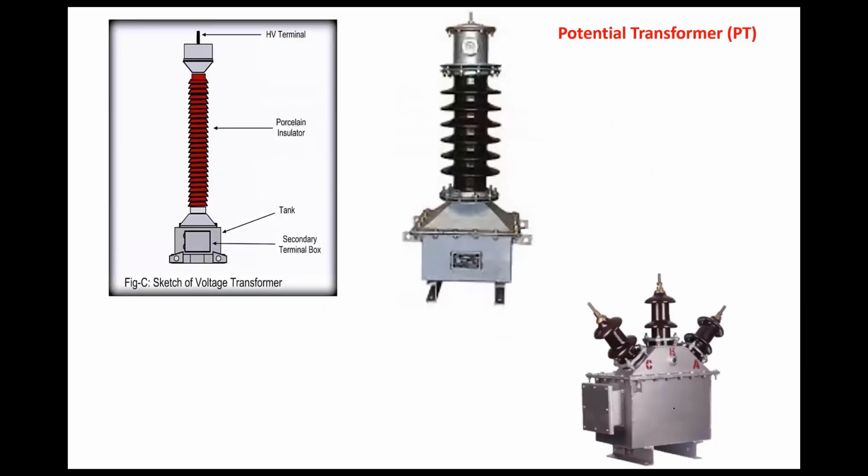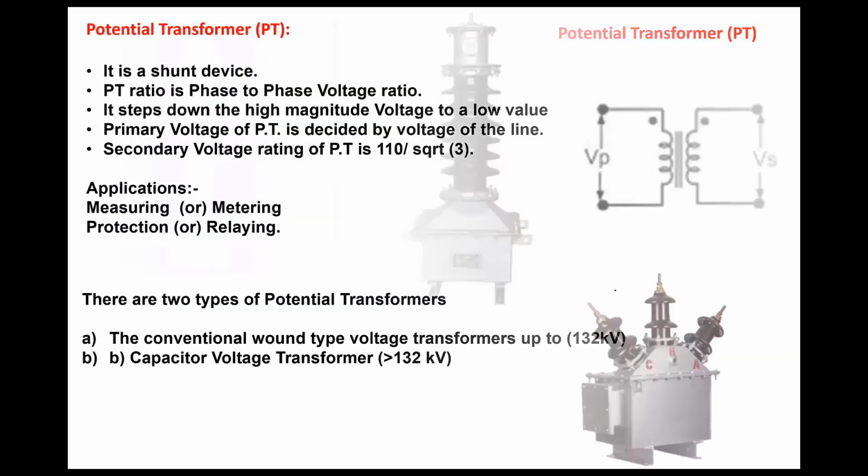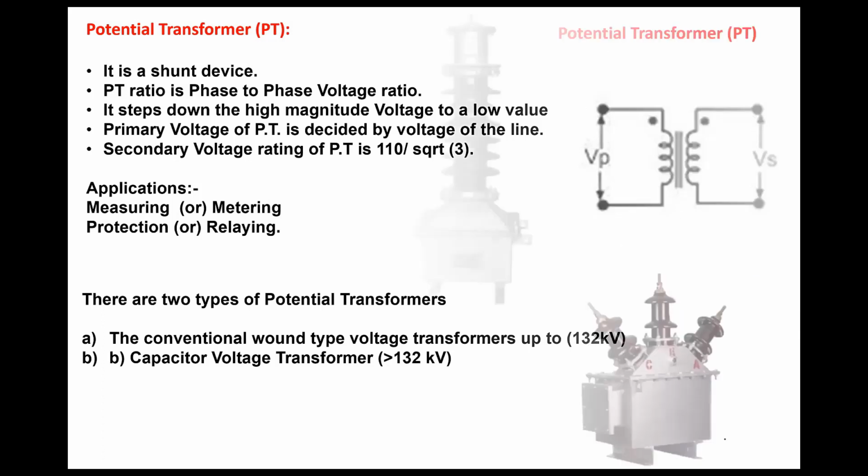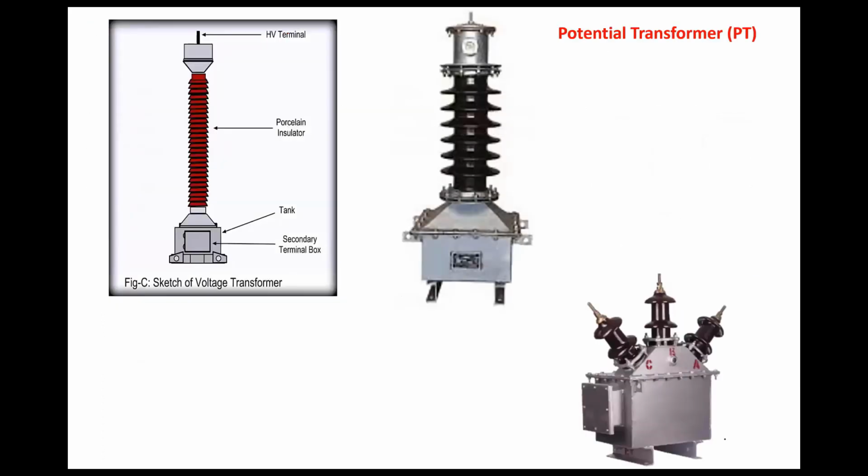The symbol for PT, you can see here. This is the symbol. Okay, here is the high voltage line that is connected, and this is connected to ground. And here the secondary points are connected to relay or voltmeter. So you can see here, this is the high voltage PT.